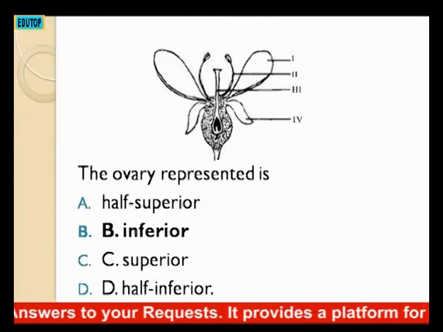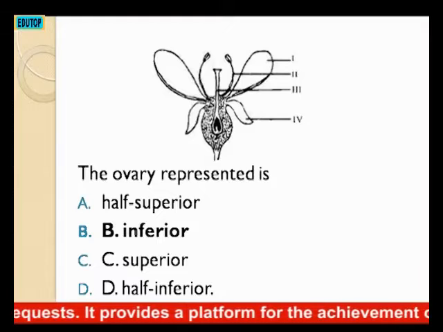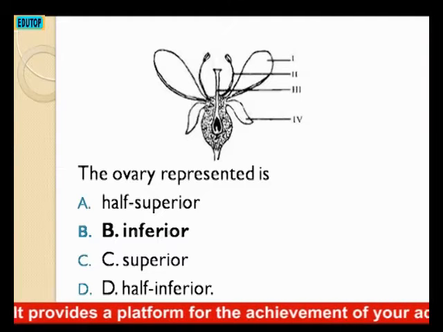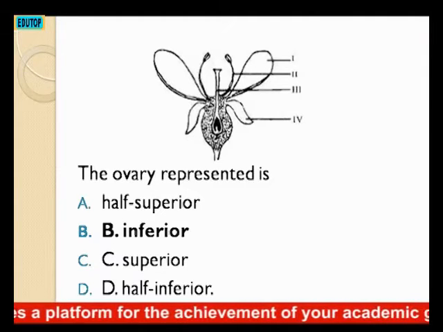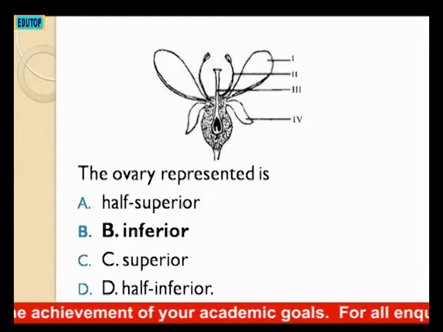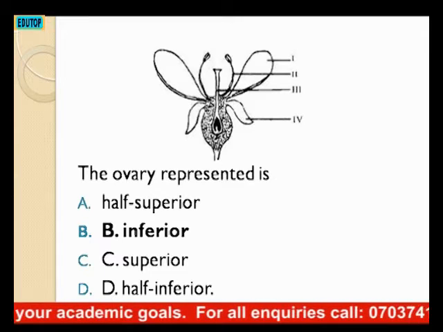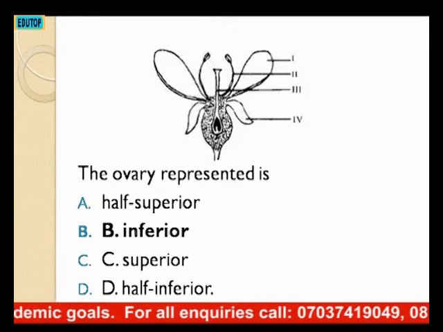The next question is diagrammatic too, showing the internal structure of a plant, and it is labeled 1 to 4. The part labeled 1 is called the corolla. The part labeled 2 is the filaments.